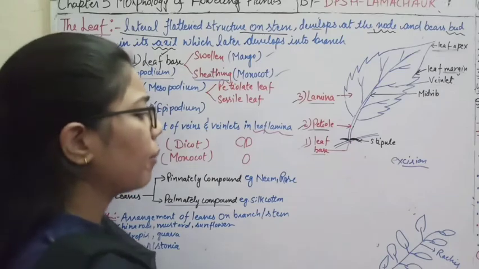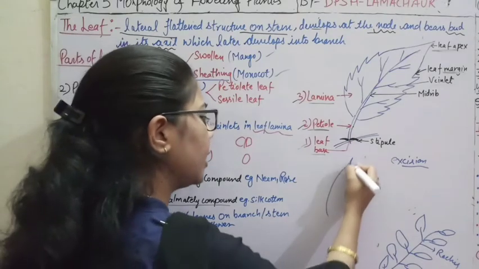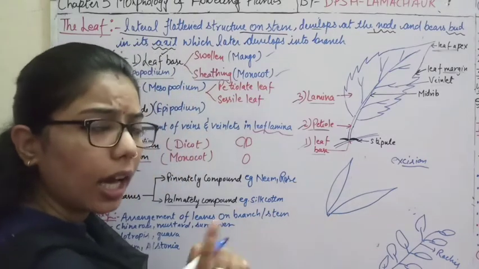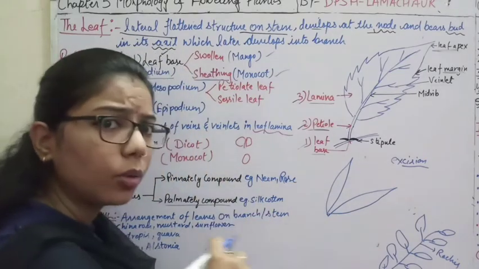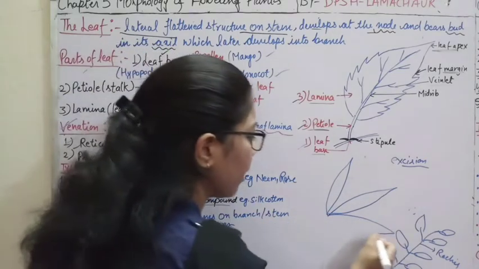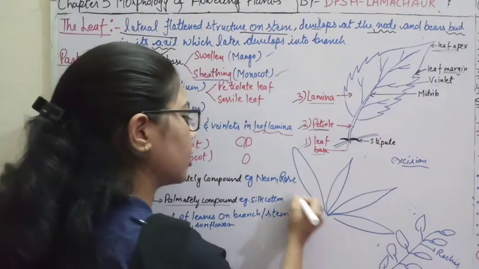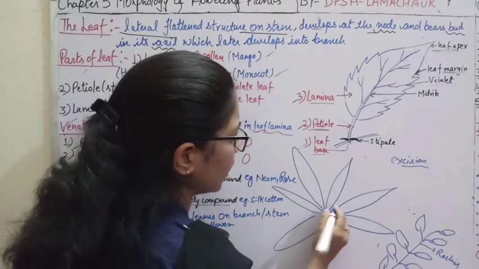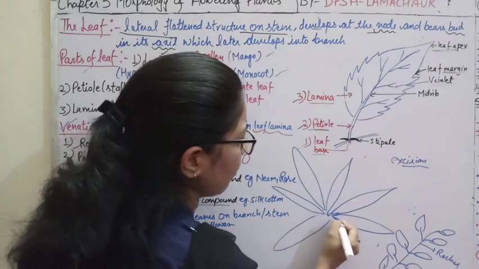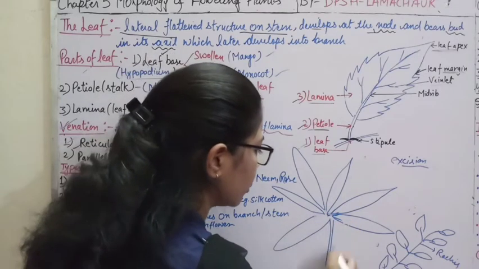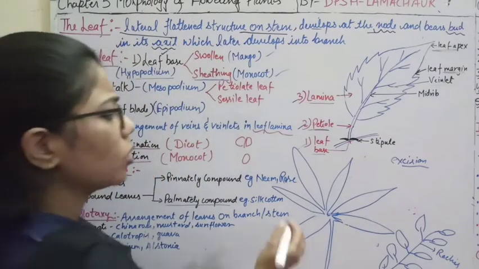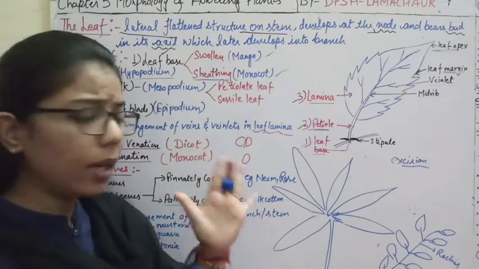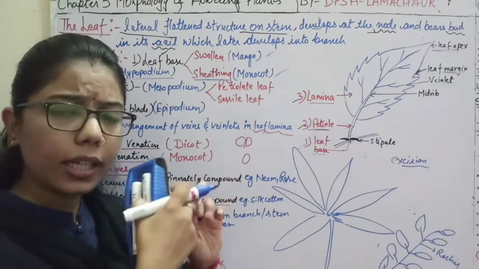What is the meaning of palmately compound? As I have said, here the leaflets do not use this midrib. Now what is happening here? This type of structure. Have you seen some leaves like this? All of them are separate and connected like this. Like a palm, you can see the palm, all the fingers are different.